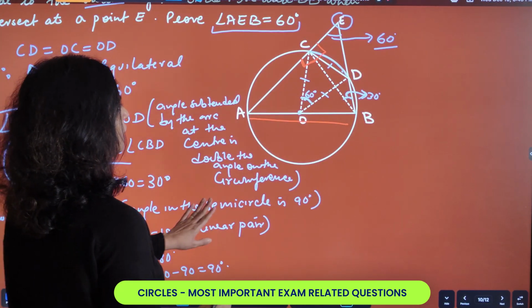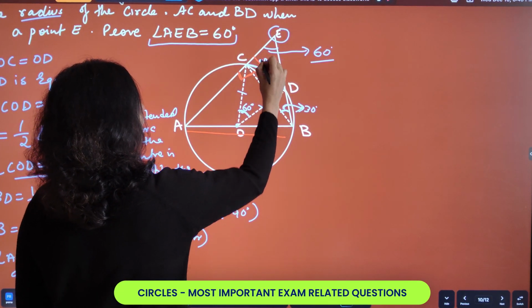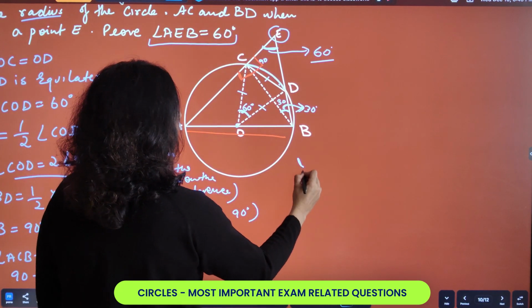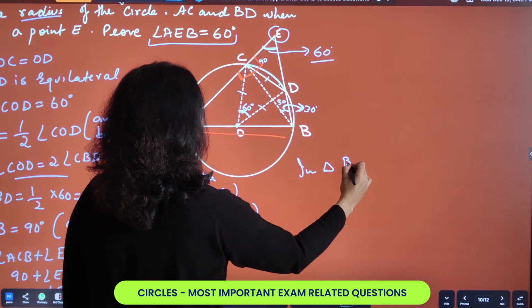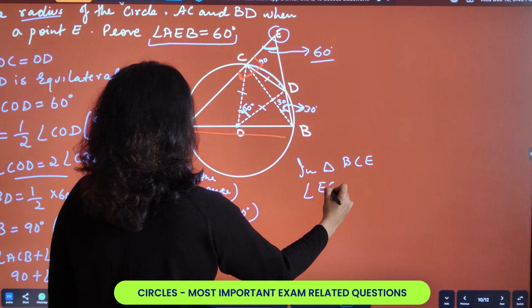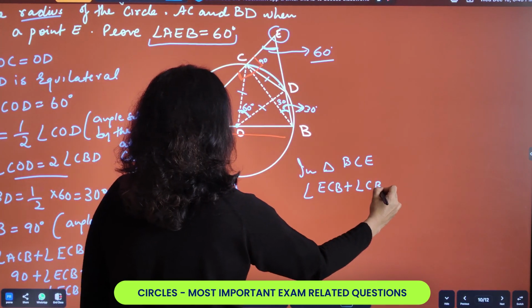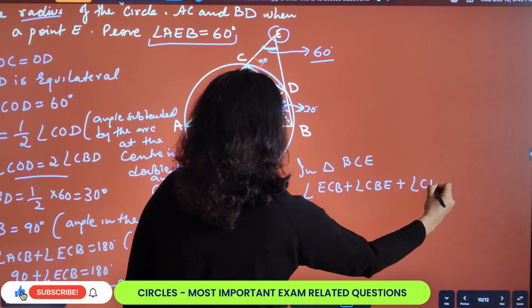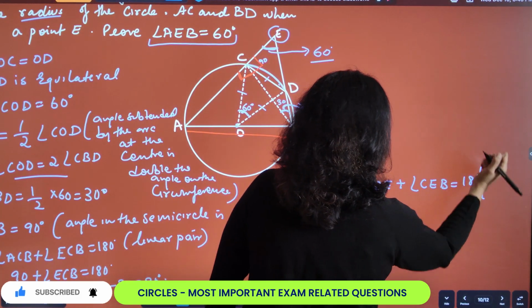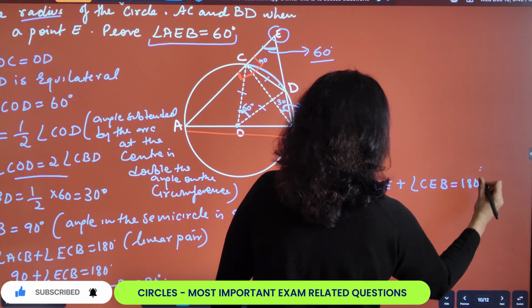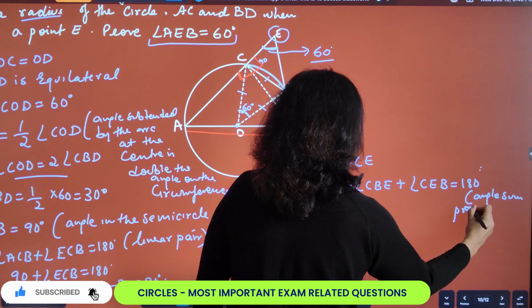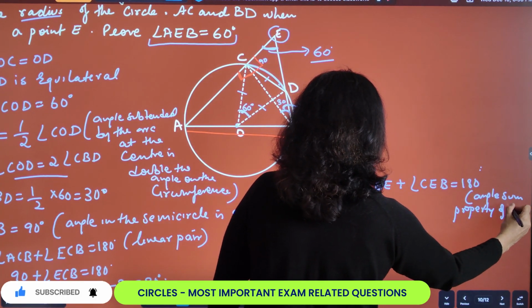So now we will do the sum of the angles of the triangle here. So we got this 90, we have this 30 with us, so we can find out the third angle. So now in triangle BCE, angle ECB plus angle CBE plus angle CEB is equal to 180 degrees. Okay, so this is the angle sum property. We are using the angle sum property of a triangle.